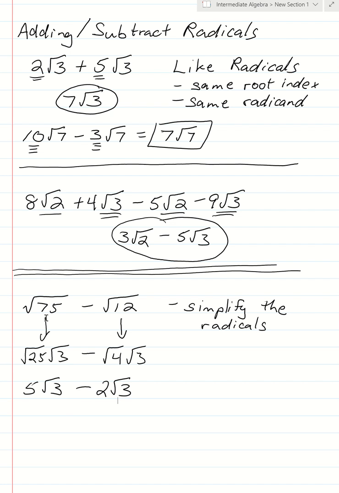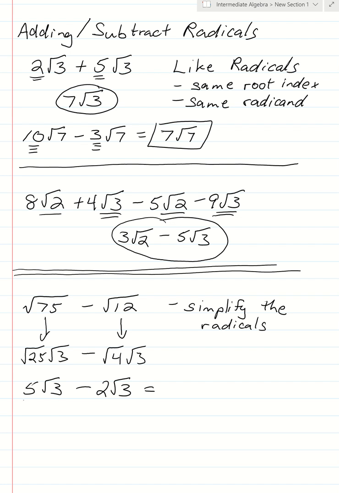And so now, by simplifying each independent radical, we have formed like radicals, because they still have the same root index of 2, and they now have the same radicand of 3, in which case we can actually subtract them.